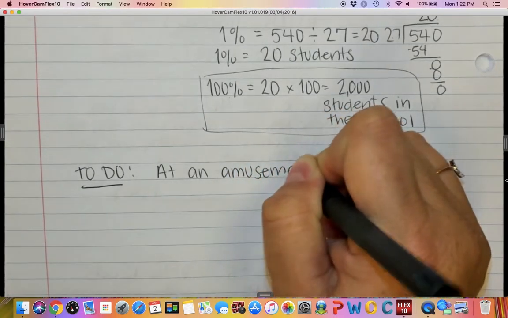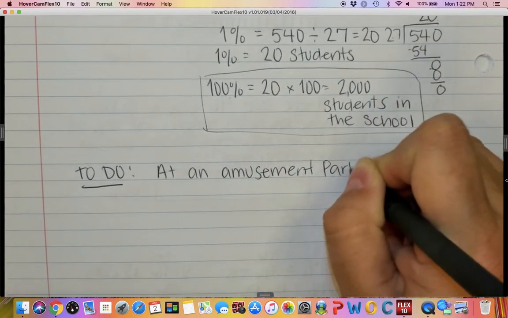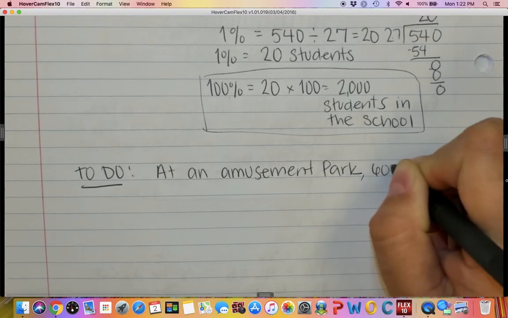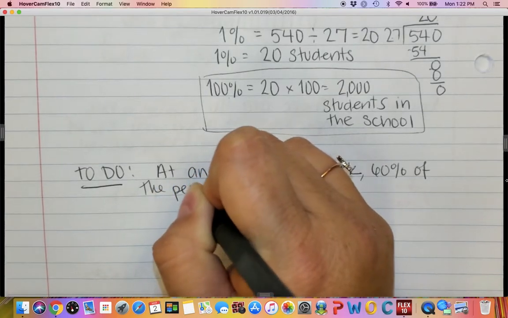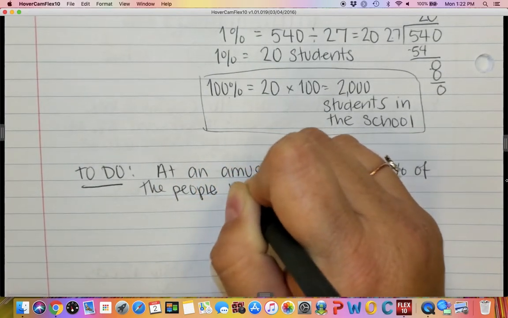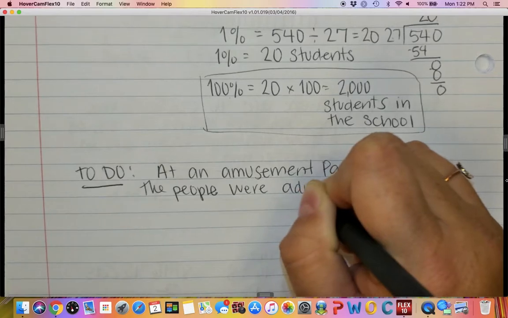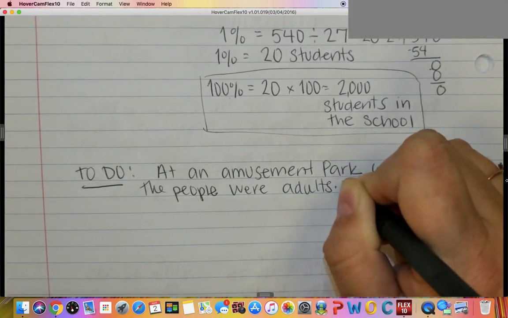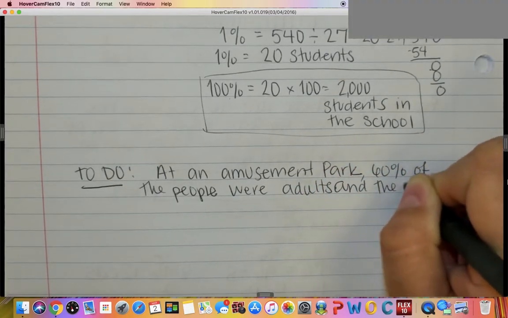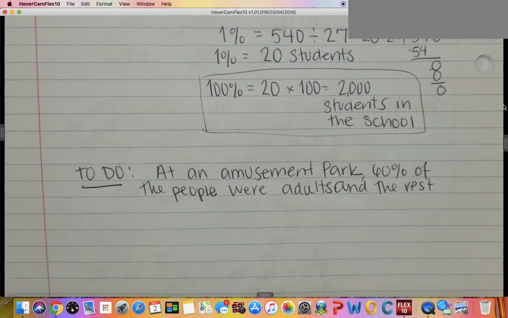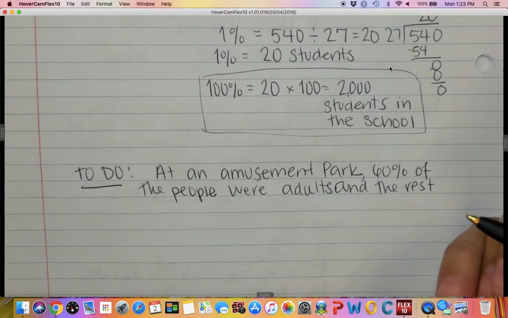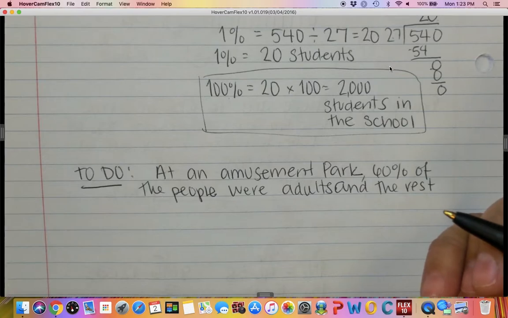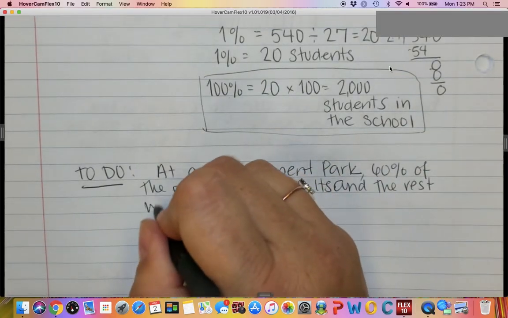At an amusement park, 60% of the people were adults. And the rest were children.